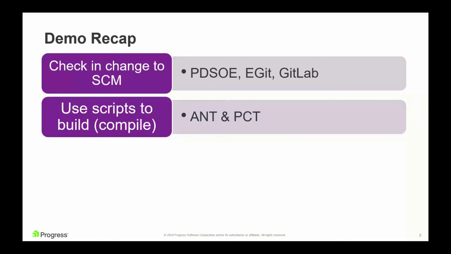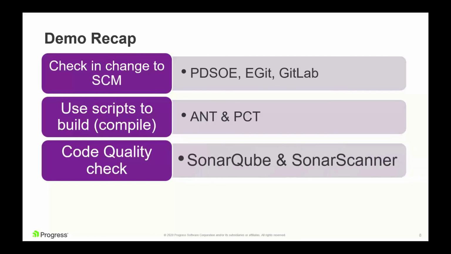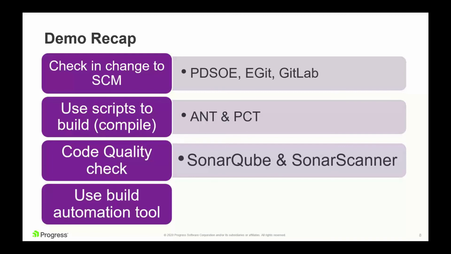Obviously, there was Ant and PCT. Then there were code quality checks involved as well. That's all done by SonarQube and Sonar Scanner. And to glue this all together, we used a build automation tool, and in my case, I use Jenkins to do so.